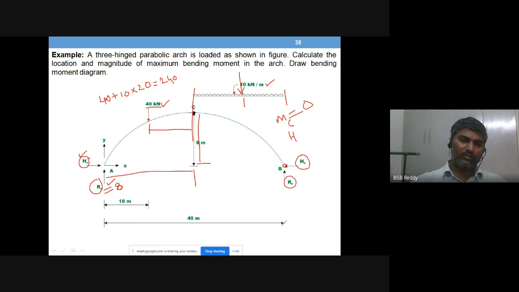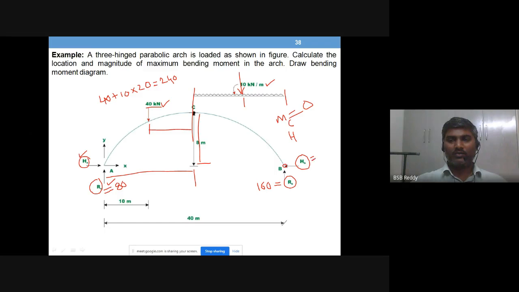so hope you got this procedure very well, to remember always that if you want to solve an arch problem, a three hinged arch problem, first you shall be able to solve for external support reactions.